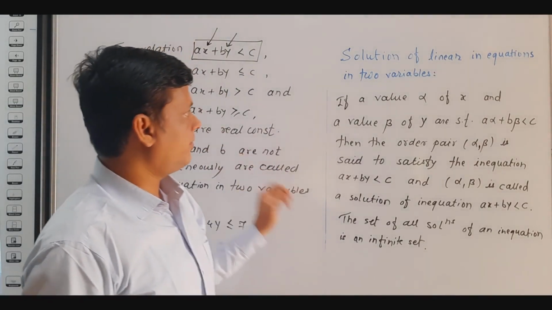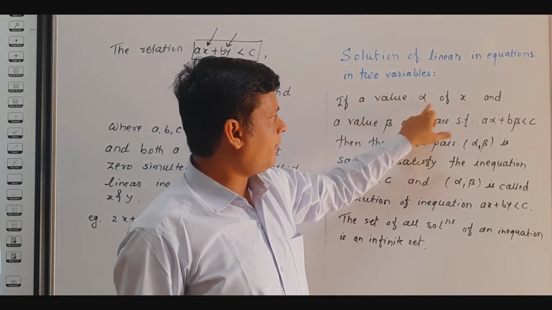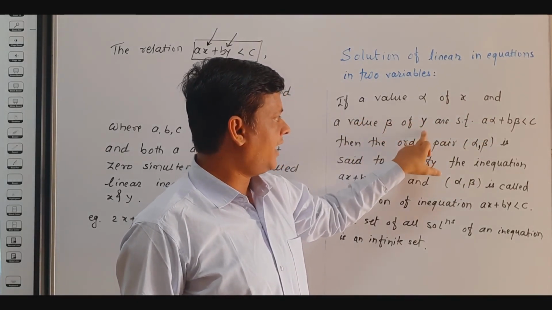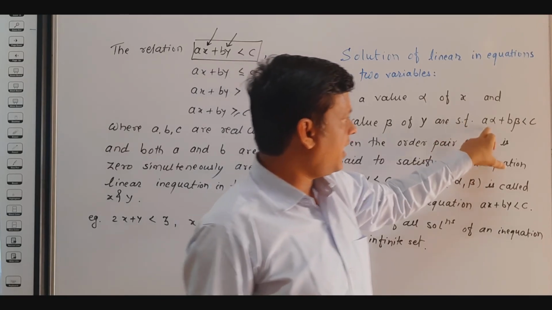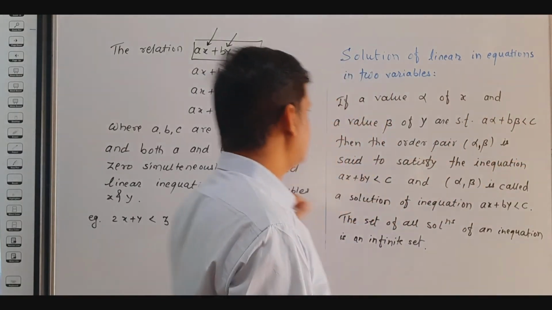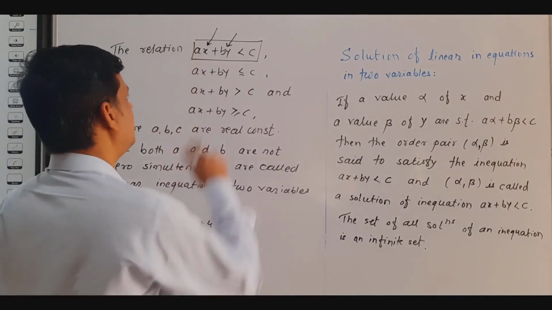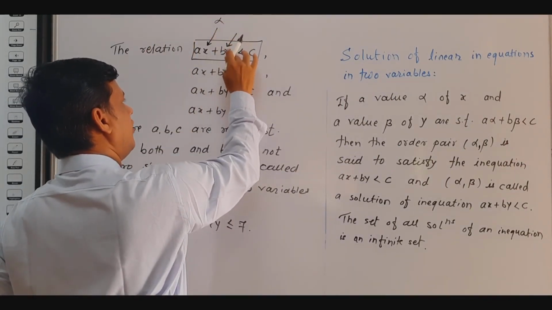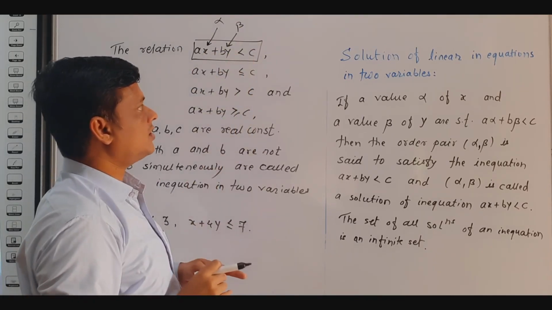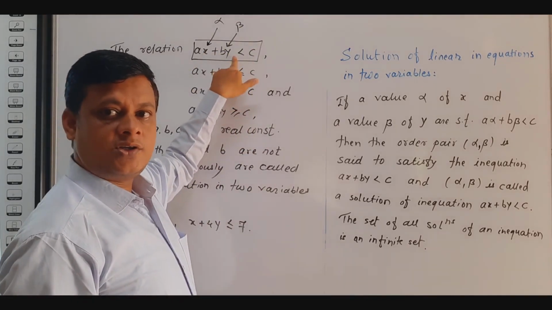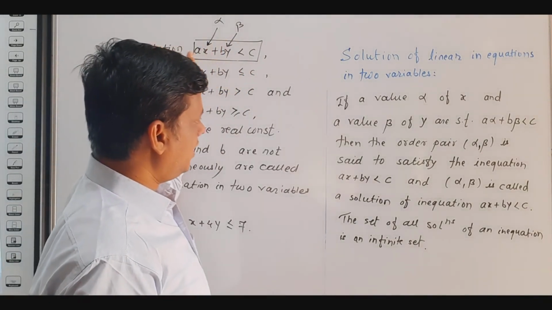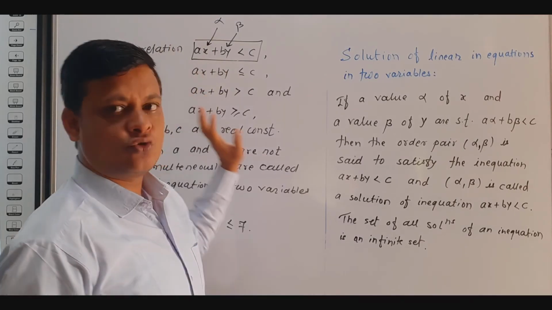So by definition, if a value alpha of x and a value beta of y are such that a alpha plus b beta is less than c, that means when we replace the value of x by alpha and the value of y by beta, and this inequality condition is satisfied, then we say that those values are the solutions.